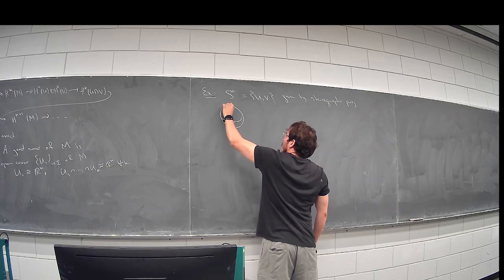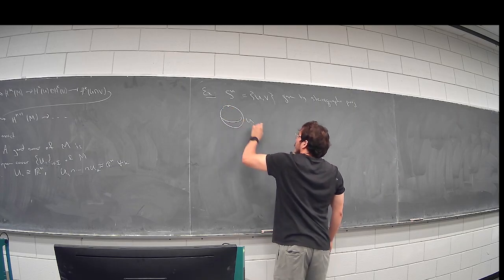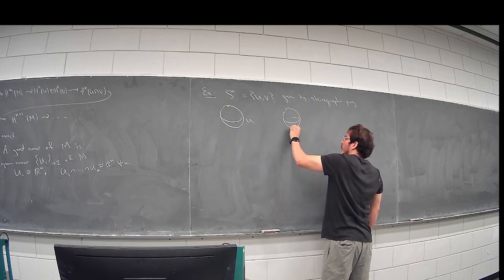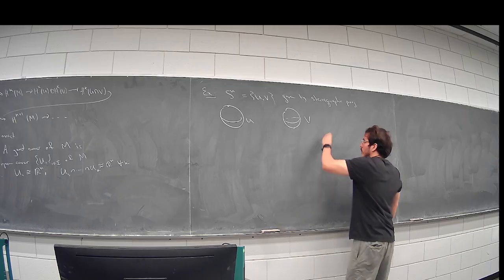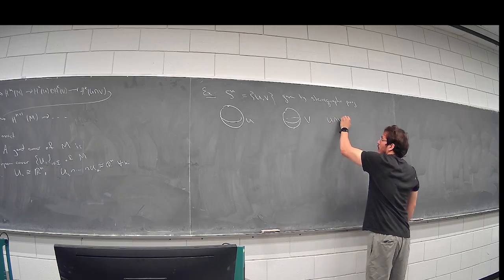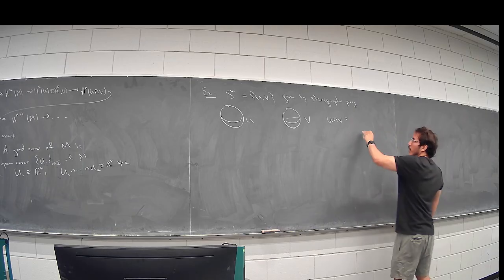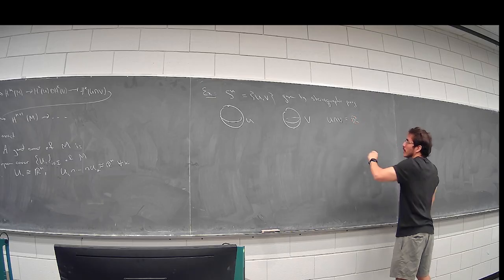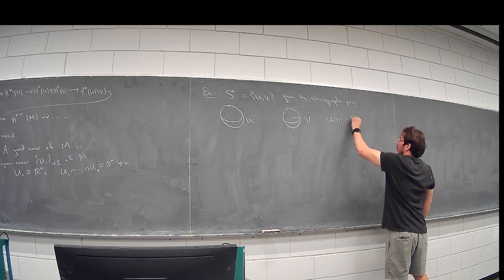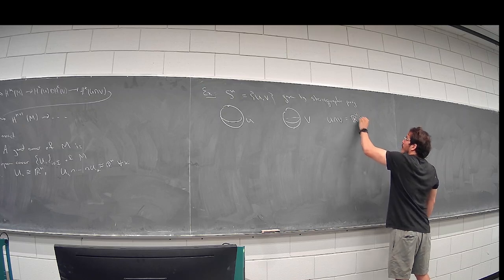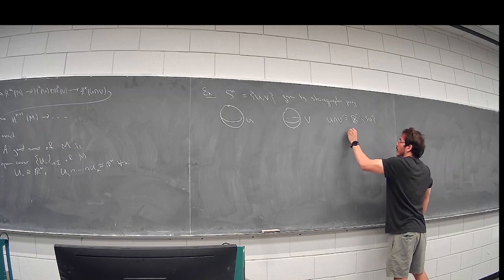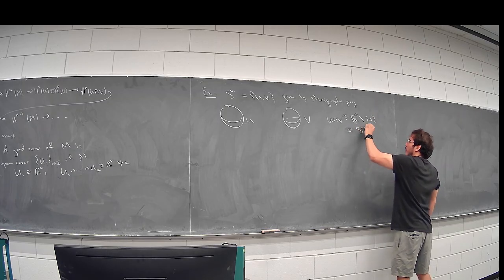If I remove this point, that whole part is going to be U, so it's one point removed. And I have this one: let's take away the south pole, it's going to be my V. And if you intersect them, U intersection V is going to look like the sphere of one lower dimension. It's going to be R^n minus the origin, which is homotopic to S^(n-1).